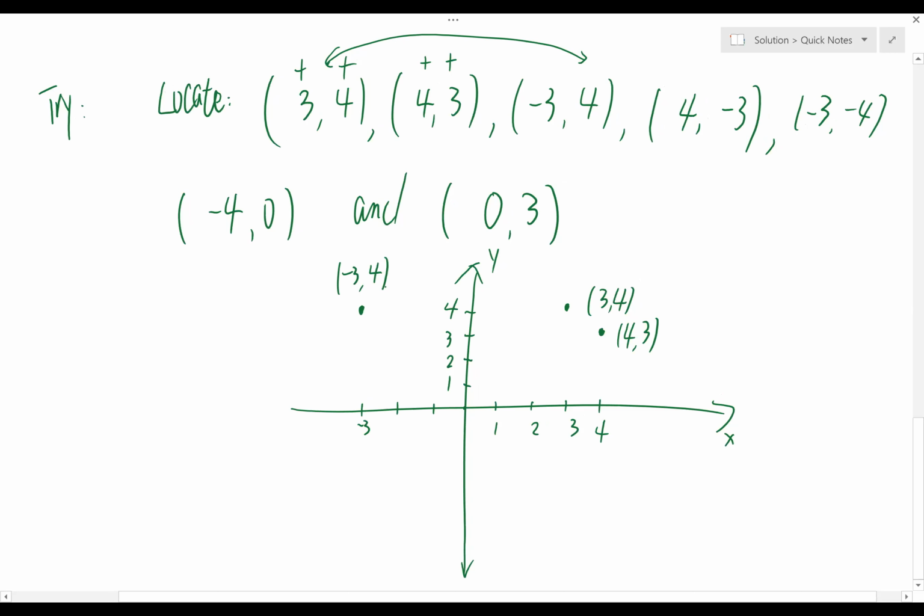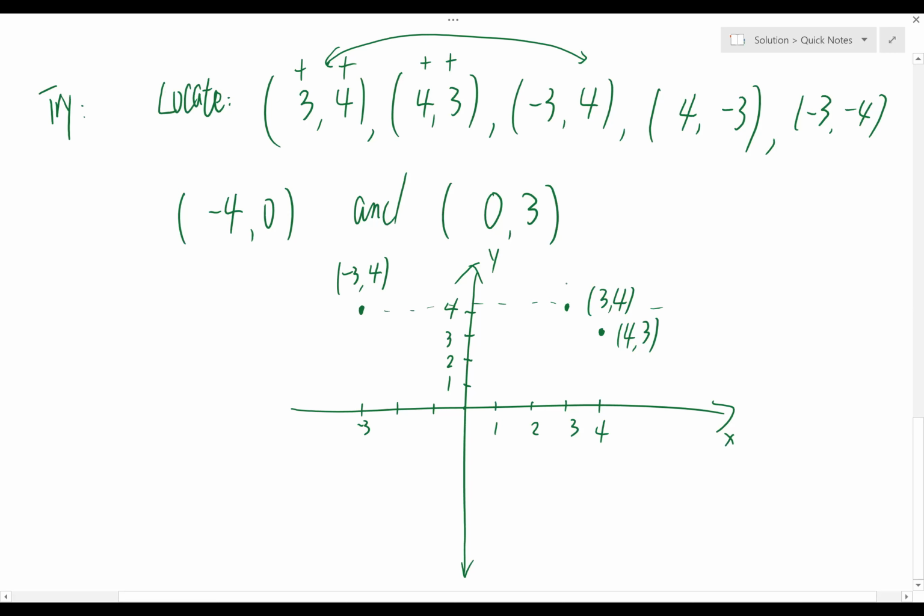Does anyone notice something about these two ordered pairs? Anyone want to share your opinion on this? What do you notice from the graph? They mirror each other? Yeah, exactly, right? So first of all, they're on the same horizontal line, right? Because the y values are the same.